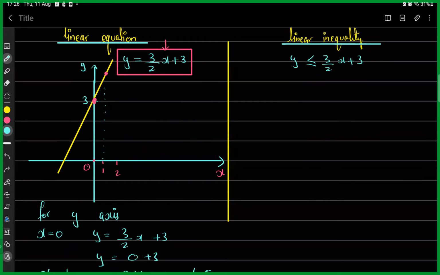I can plug in any two x values and find the corresponding y values. So I plugged in x equals 0, I plugged in x equals 1, and I got two y values, and I've just connected those 2 points and I made a long line. So this is going to be your line on the graph, and this is how we represent this equation written in the pink rectangle. Any confusions with this?